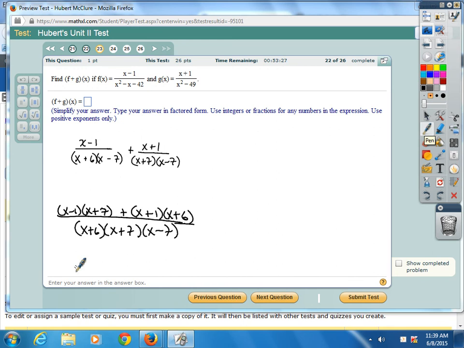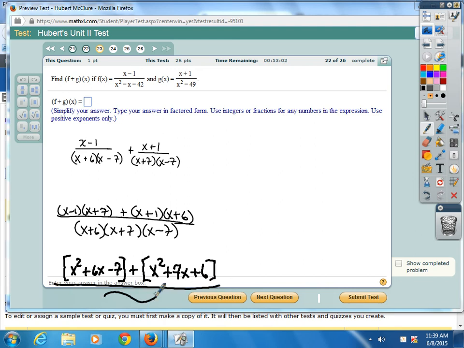So that'd be x squared plus 6x minus 7, plus x squared plus 7x plus 6, and all that over the common denominator. Is it sad that my brain automatically goes to canceling out?